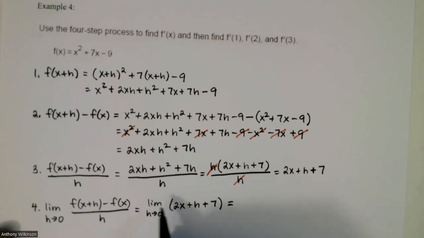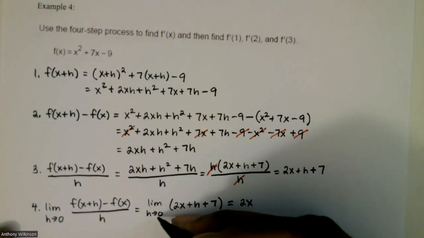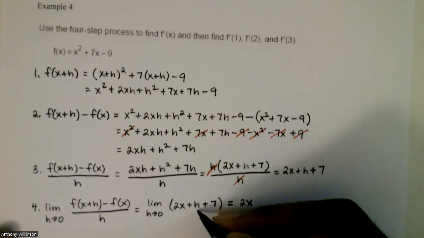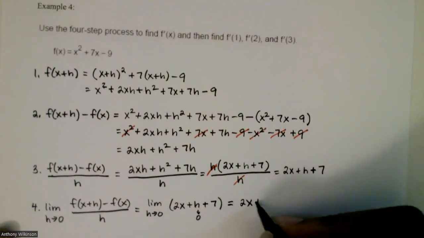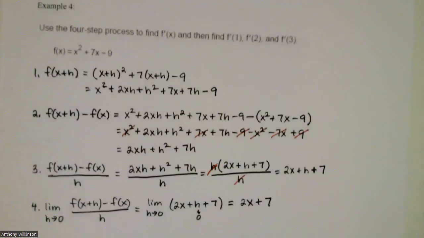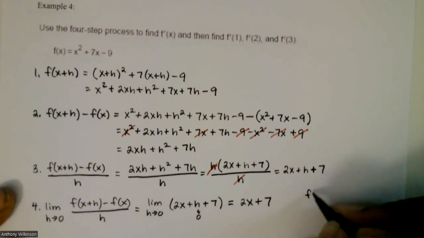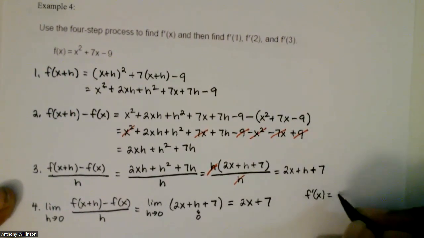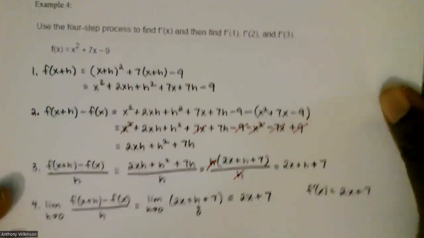The limit as h approaches 0 of 2x is just going to be 2x. As we let h approach 0, this h right here will be going to 0, and the limit of a constant is a constant. So you're left with 2x plus 7. So this is what f prime of x will be: 2x plus 7.